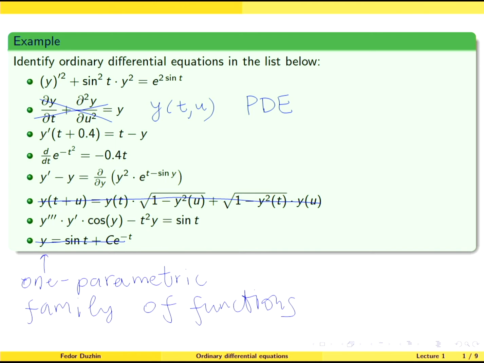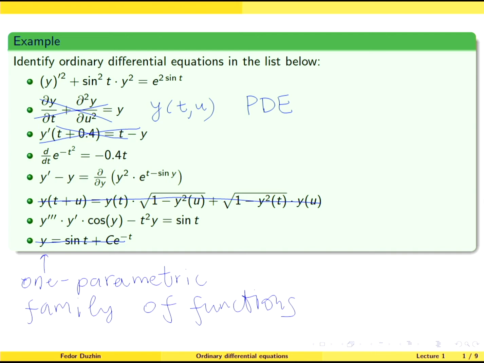So remember that an ordinary differential equation involves consecutive derivatives of an unknown function, but with respect to just one independent variable. Then if you look at the third option, we shall rule it out too, because notice that here y prime is evaluated not at the point t, but rather at the point t plus 0.4.